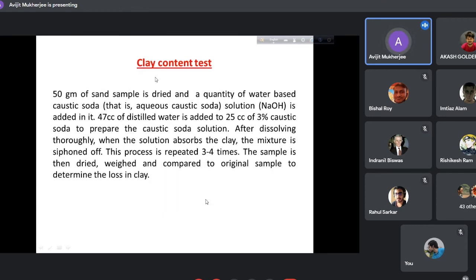Clay content test is another important aspect because in some applications you must use dry clay free silica sand for synthetic casting or good quality casting. Clay free. So what is the amount of clay? This is also a standard. You take 50 gram of sand sample. It is dried.